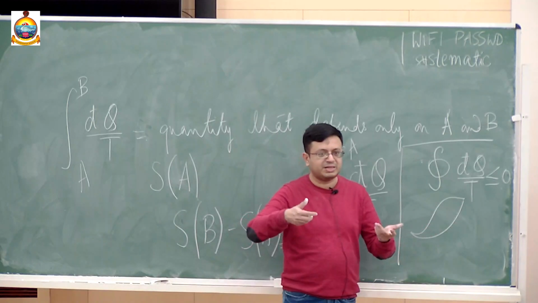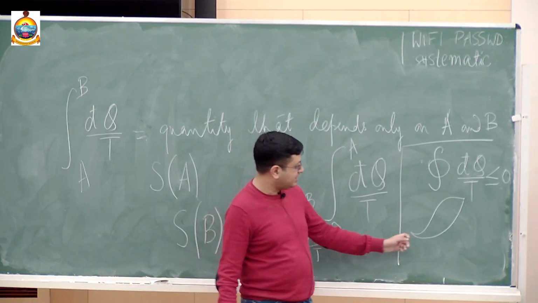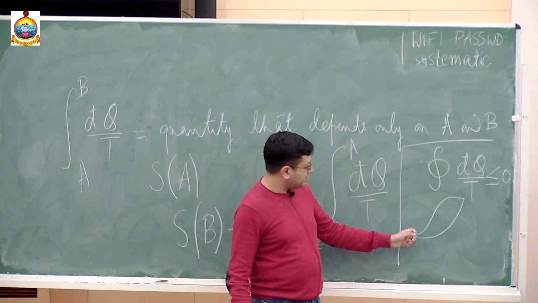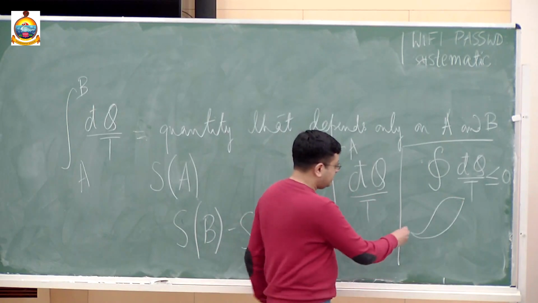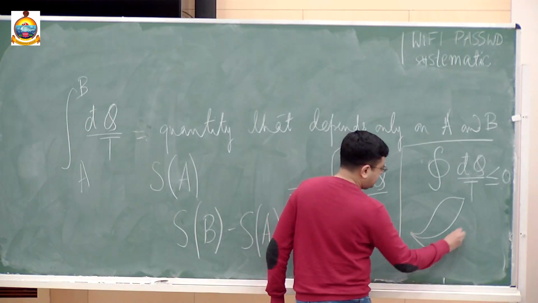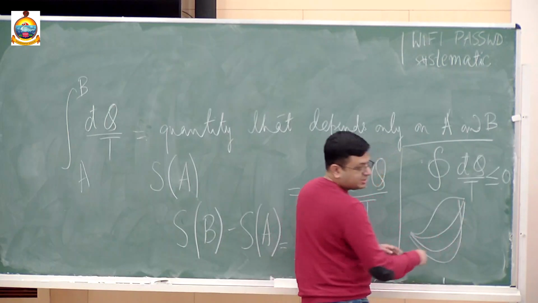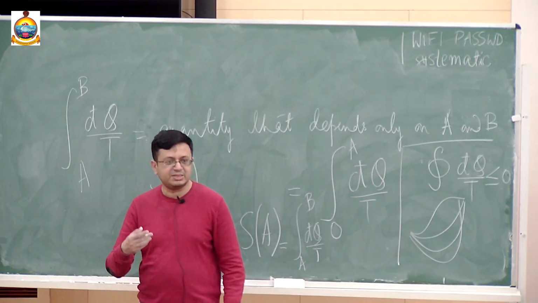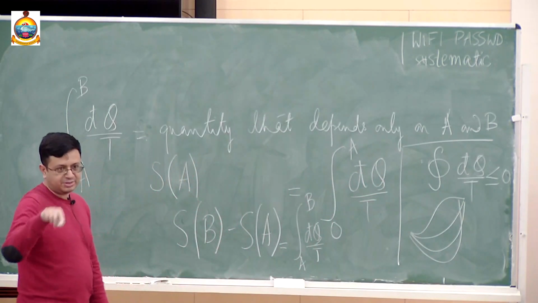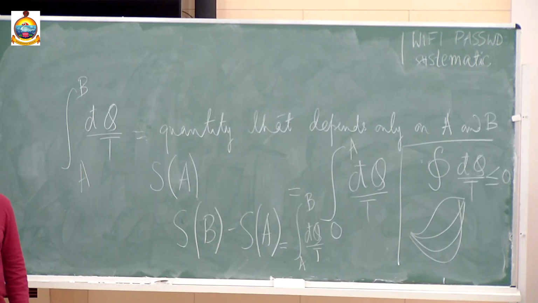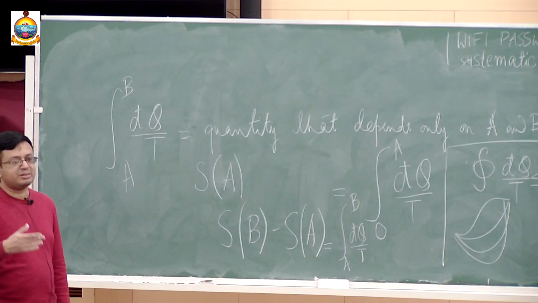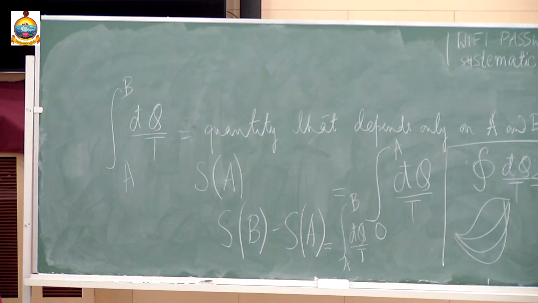But since this path is reversible, I just changed the sign, and therefore I get that the value of d cross q by T evaluated along this path is equal to the value along this path, and so on. All these reversible paths are going to give me the same contribution for the d cross q by T integral, and therefore it must be a quantity that doesn't depend on which reversible path I choose to go from A to B.